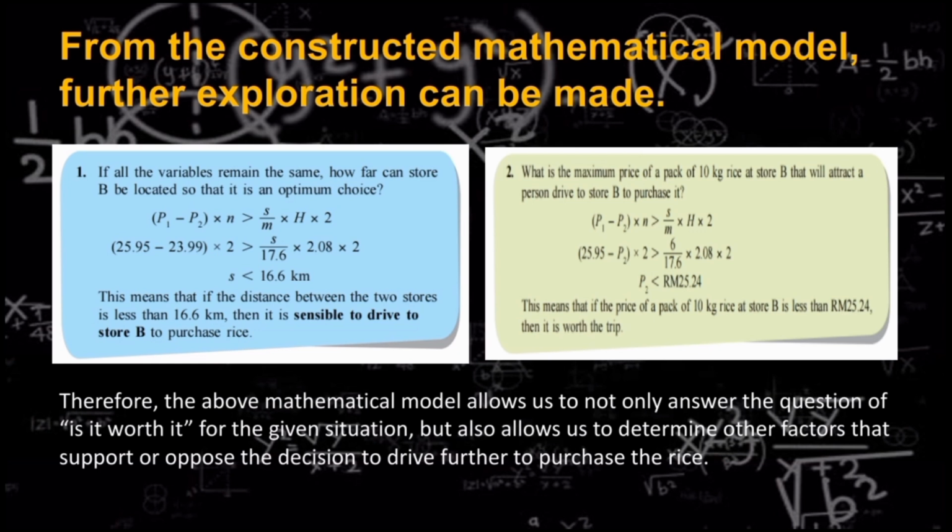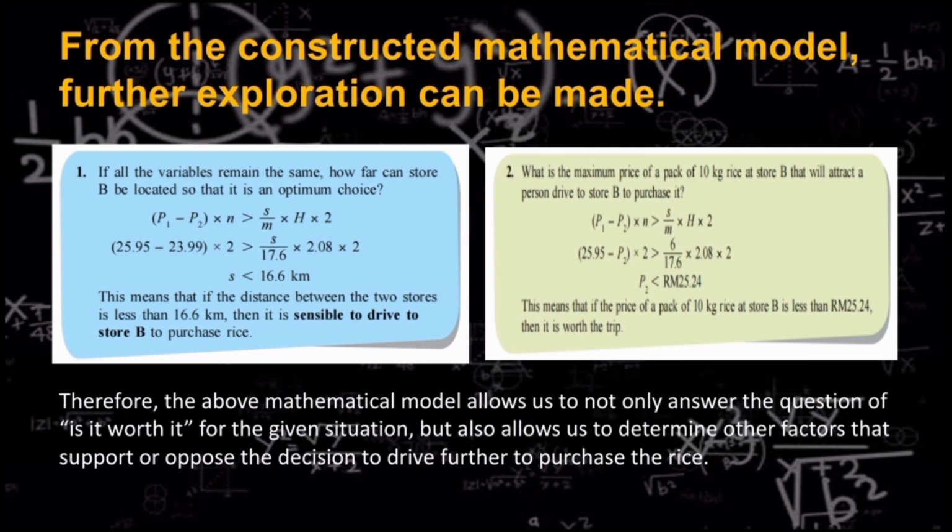X is smaller than 16.6 km. This means that if the distance between the two stores is less than 16.6 km, then it is sensible to drive to store B to purchase rice.